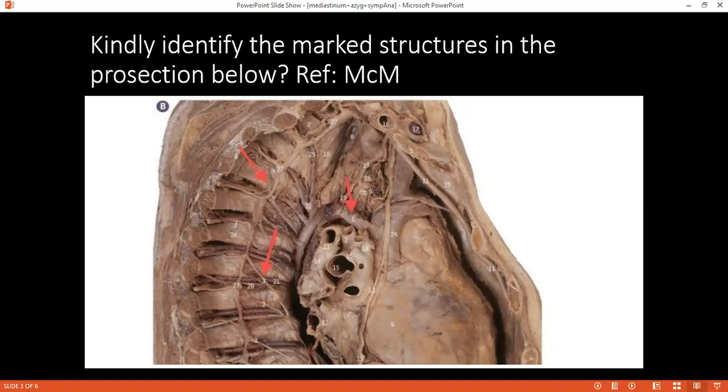Last question: what is subclavian steal syndrome? When there is occlusion of the proximal part of the subclavian artery, the distal subclavian artery compensates by taking blood from the vertebral artery, and when the person exercises the arm, there would be ischemia of the brain. It is called subclavian steal syndrome. Good.